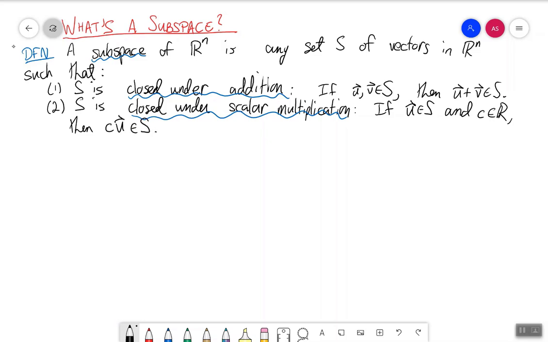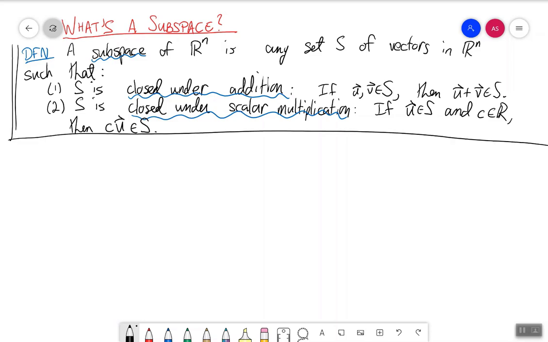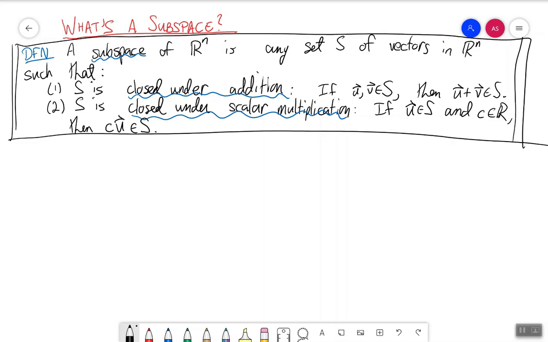I'm going to box this definition. This is the main object of study in our course. Now, some of you, if you've already been looking at the book, might notice that this is not exactly the same definition as the book uses.